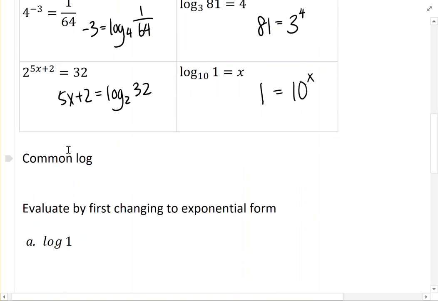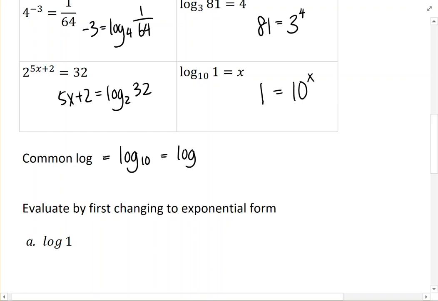One thing that you'll need to be familiar with is something called the common log. Basically, this is just equal to log base 10. This is the common one. On calculators, a lot of the time when it's log base 10, it's not even written, so you'll just see log.